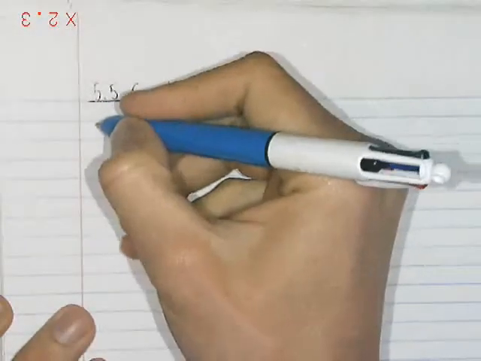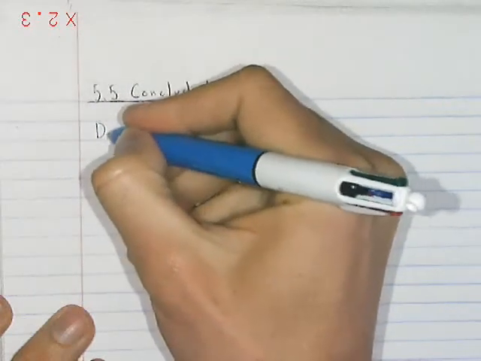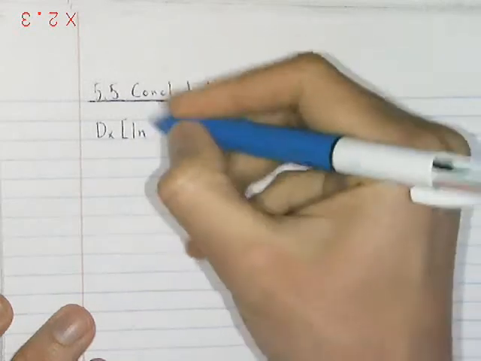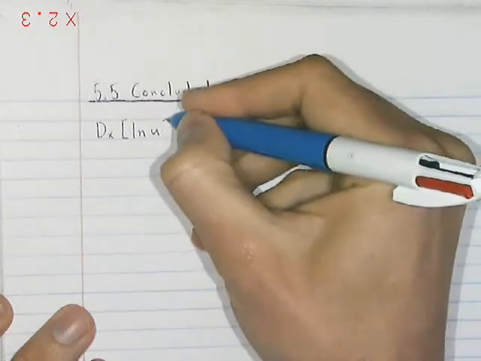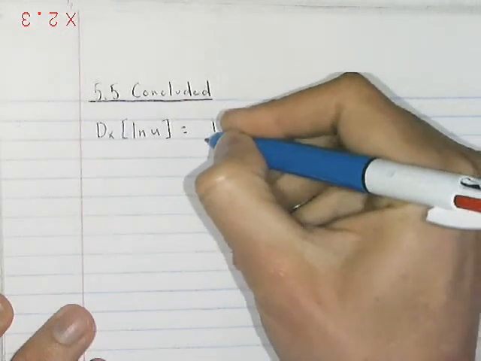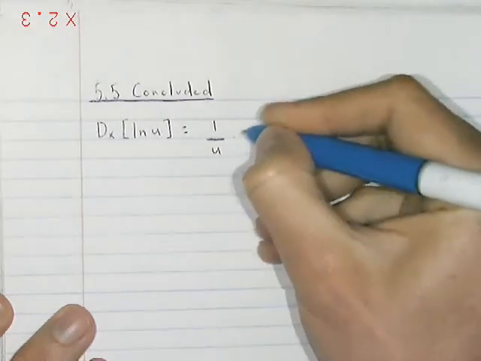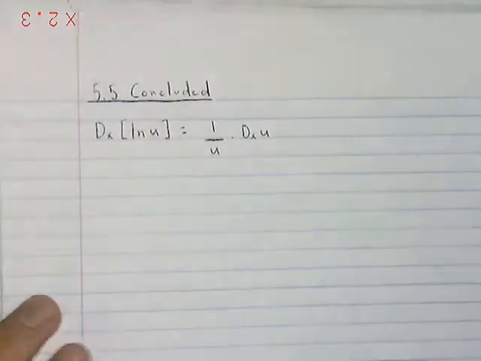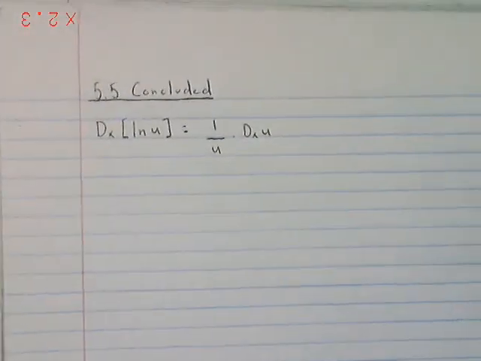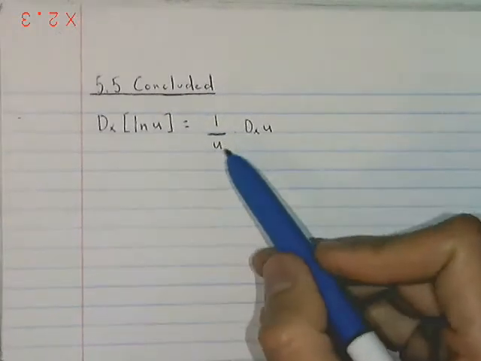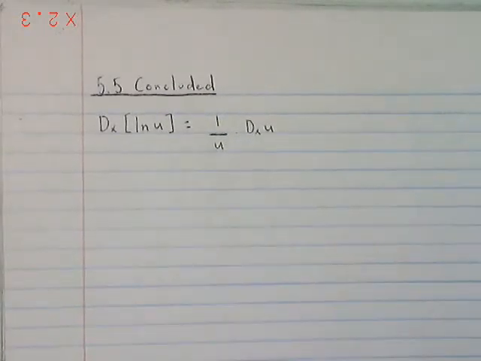The important stuff from that is that the derivative of the natural log of some function u is going to be 1 over that function times the derivative of that function, which on the flip side led to the integral of this guy being the ln of that function u.